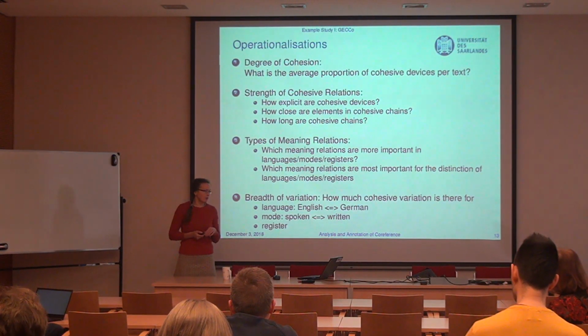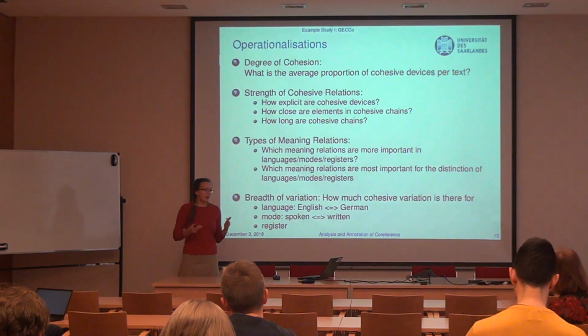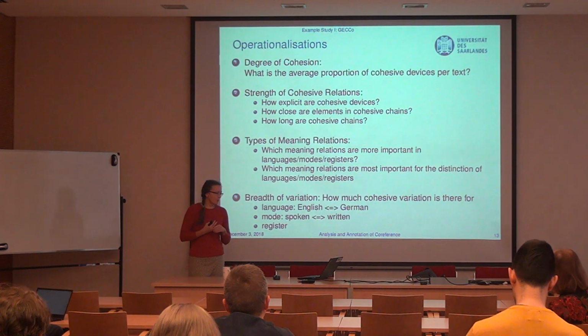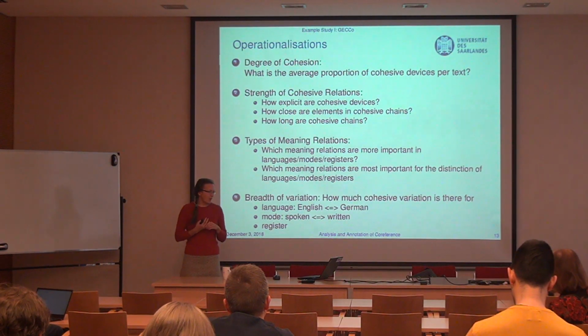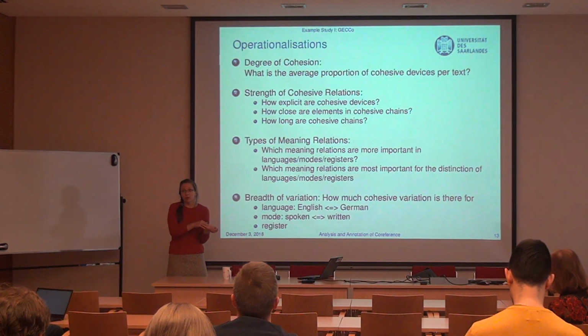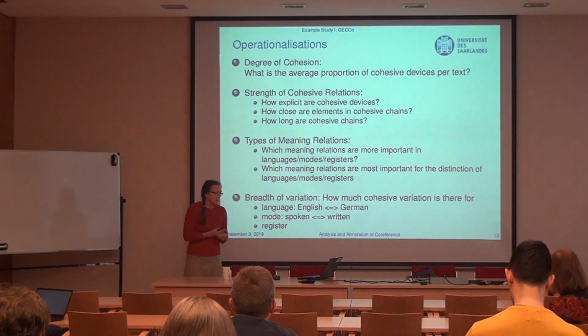For strength of cohesive relation, for example, how explicit are cohesive devices, how close are elements in cohesive chains, so the distance between the elements, how long are cohesive chains. For types of meaning relations, for example, which relations are more important for English, which are more important for German, or which are more important in spoken registers and which are more important in written registers.